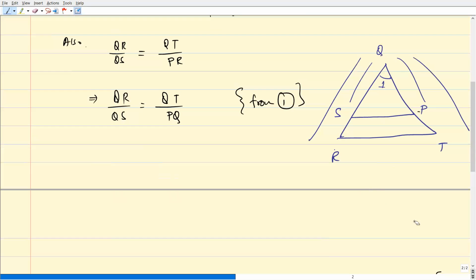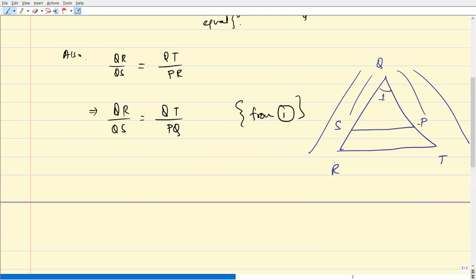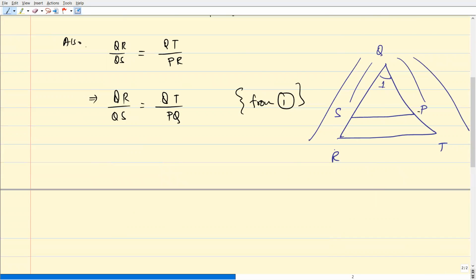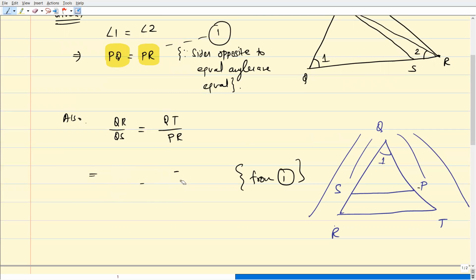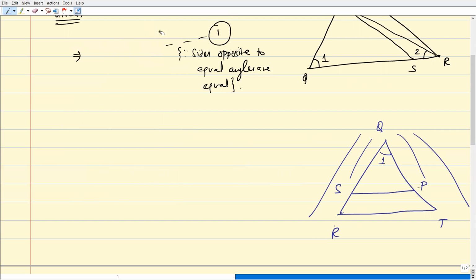How do you write it? Sir, in triangle PQS and TQR. Yes. So let's write it that way. So we don't even need this condition then, right?